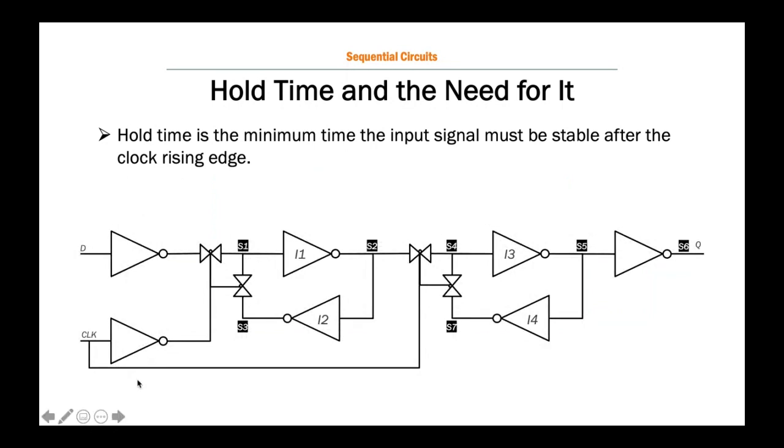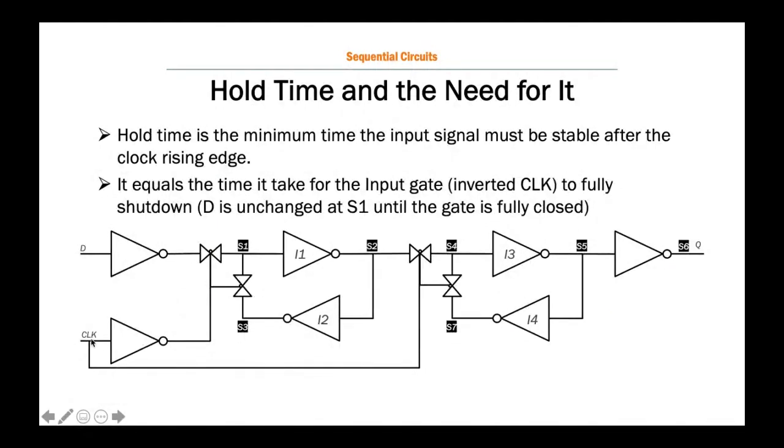Now, ideally speaking, if we abstract this, when the clock is flipping, when the clock is changing, I'm expecting whatever latched value to now be sampled at Q. The problem with that is the following. Theoretically, or ideally speaking, the clock is opening this gate at the same exact time it's closing this one. Unfortunately, that's not the case.